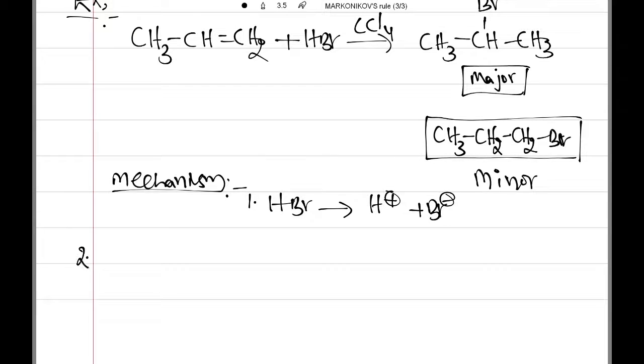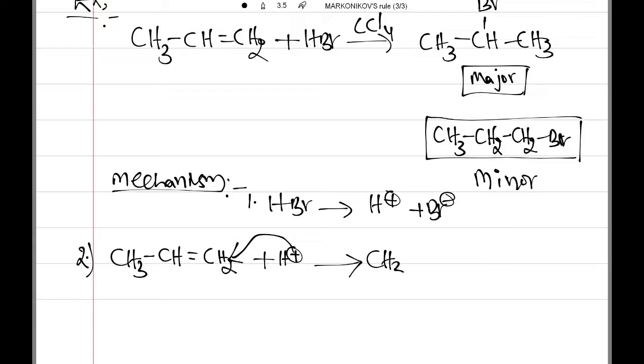In the second step, I am taking propene, CH3 CH double bond CH2. When it reacts with this H plus, the H plus addition takes place to the side with more number of hydrogens. So this is attached to this carbon, and we get CH3 CH plus CH3.